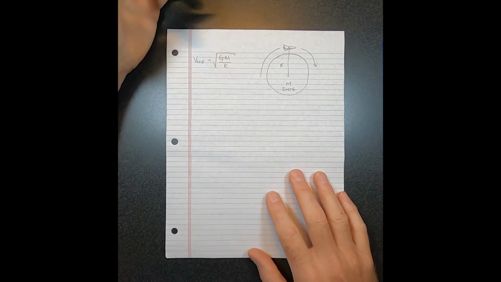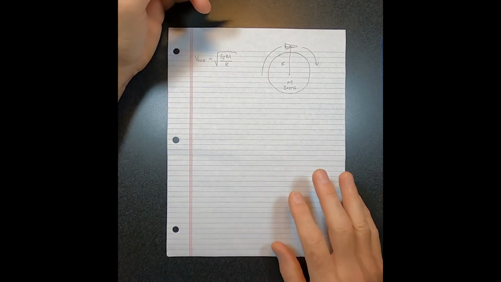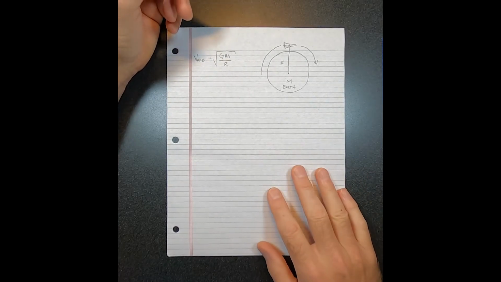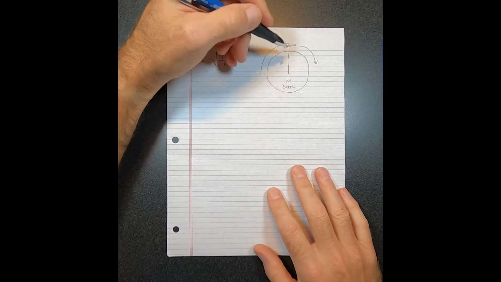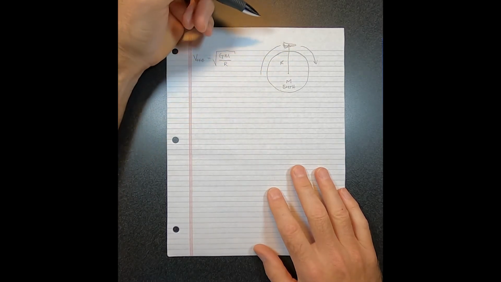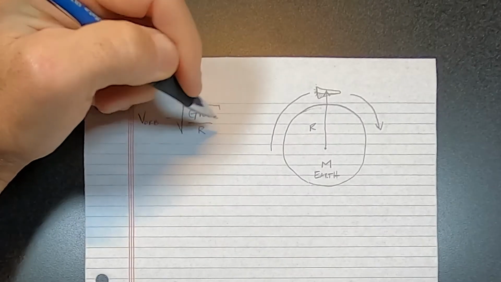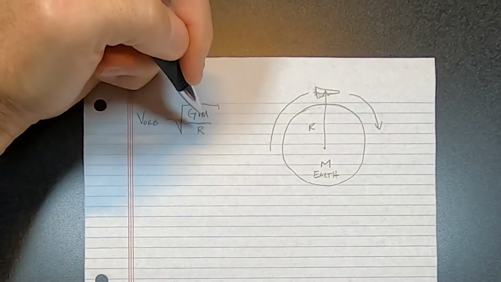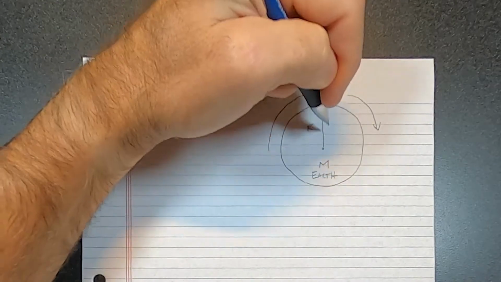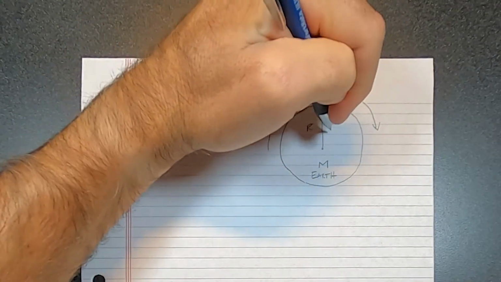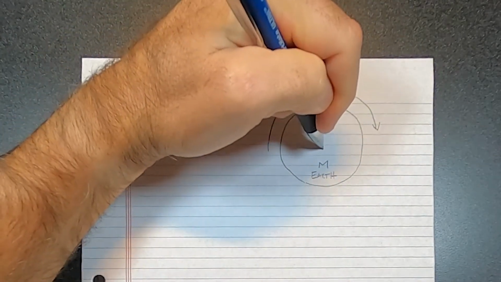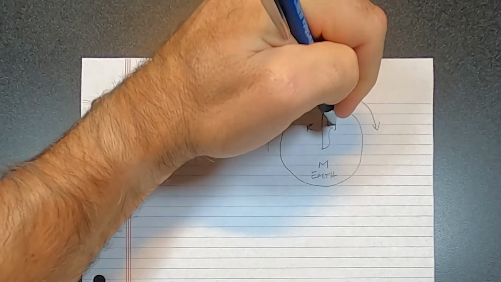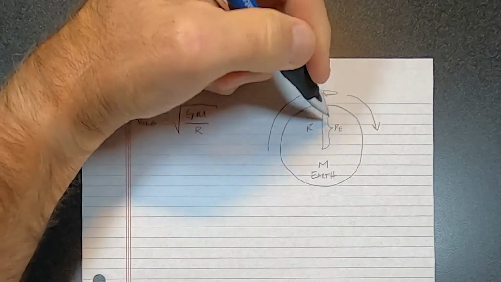Now, here's what makes this kind of complicated. A couple of things. The first thing is, in this exercise, we gave you two pieces of information, and we want you to do a little bit of critical thinking. So R is this entire distance here. But in the exercise, the first component we gave you is this part, and that's just the radius of the Earth. Okay?